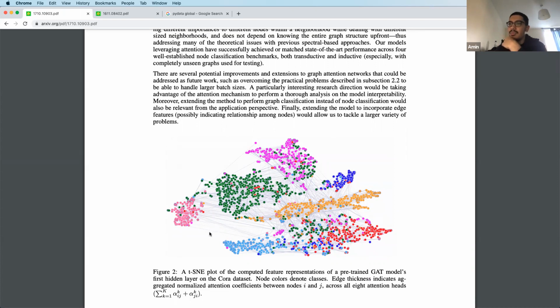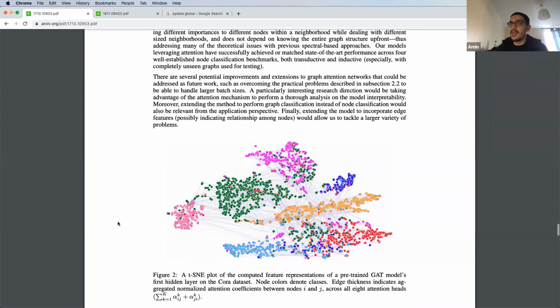They also show the attention weights between pairs of nodes, so the thicker the edge, the bigger the normalized attention coefficients. In terms of interpretability from this graph, I'm not sure what to take away from it, but I think it could be very interesting for possibly explainability as well.